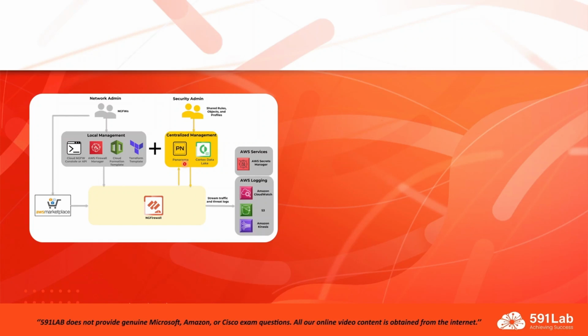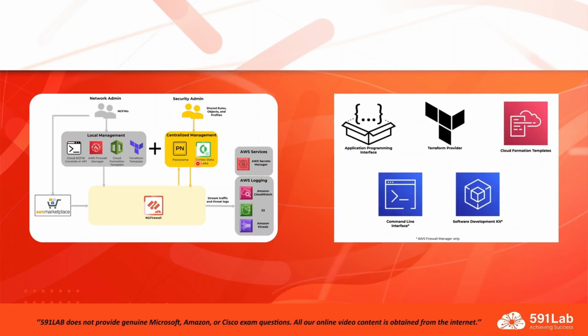Panorama has multiple ways to be used. One is using the graphical user interface or web UI, or using the Panorama API to build scripts for automation. As Panorama has an API, Cloud NGFW can also enable programmatic access.